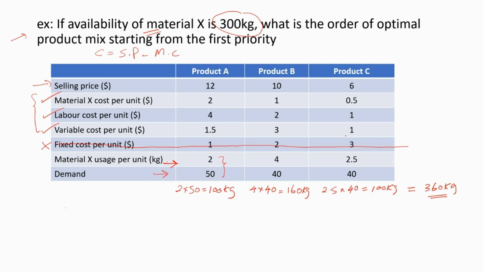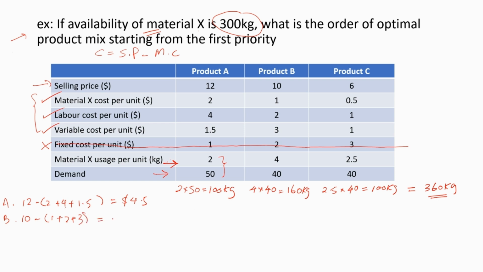Now let's calculate the contribution for each product separately. For product A, the contribution is 12 minus 4, minus 1.5. This is equal to 4.5. This is the contribution per unit of product A. For product B, the selling price is 10, minus 1, minus 2, minus 3.